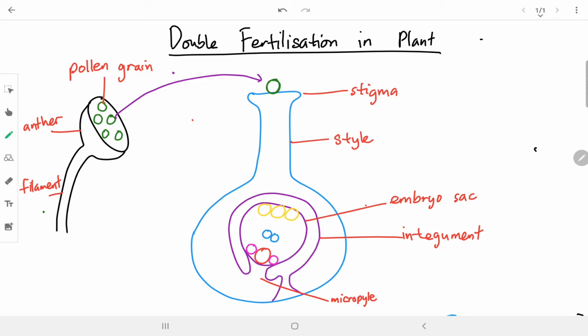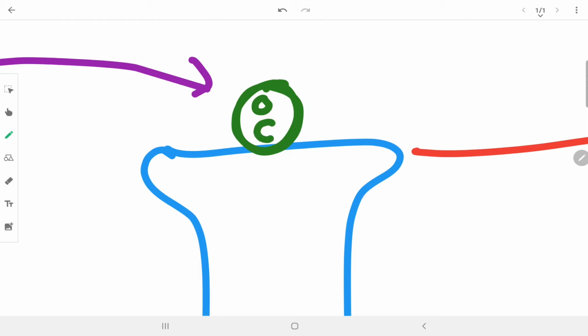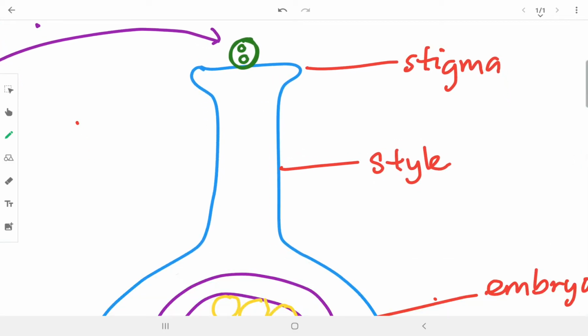And remember, inside one pollen grain, there's always one tube cell and one generative cell. So what will happen?